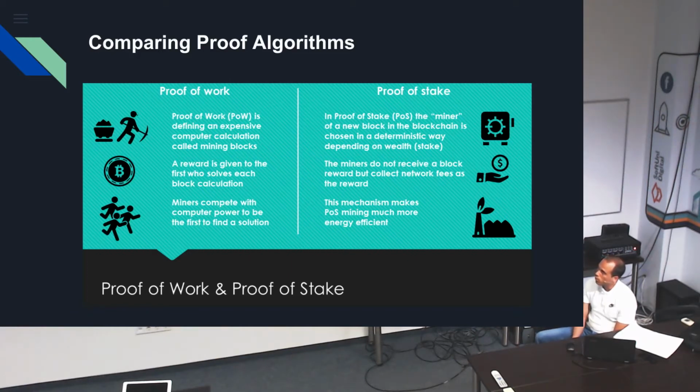So in proof of work, we have a lot of miners who compete with computing power to solve the cryptographic puzzle in order to get the award. In proof of stake, we have a bunch of validators or forgers who actually deposit coins to the network to make sure that they're going to secure the network, and actually they're going to vote which is going to be the next valid block.